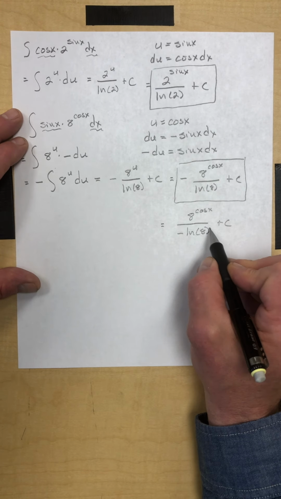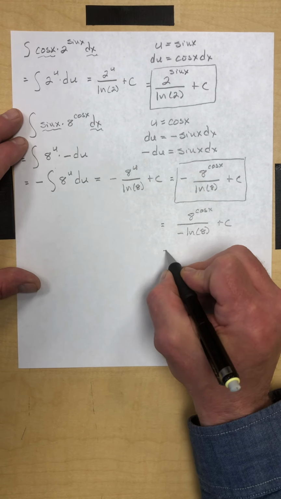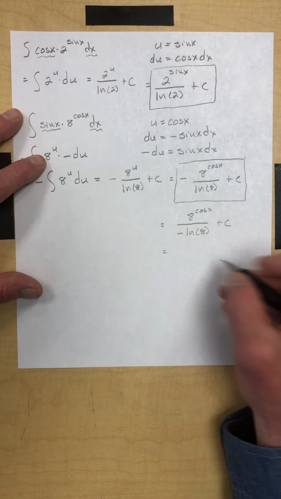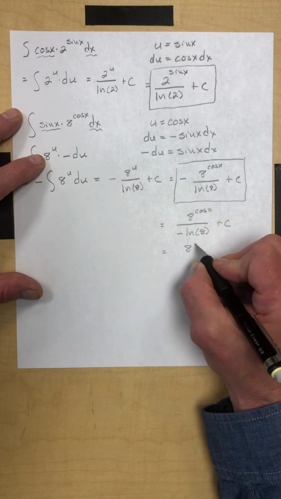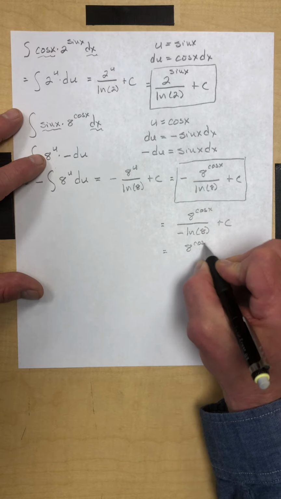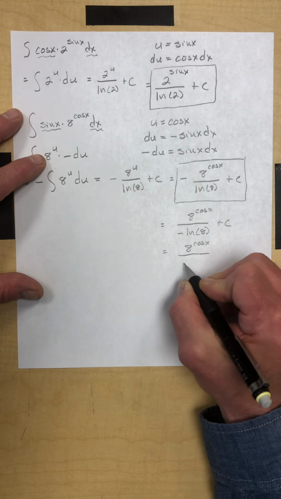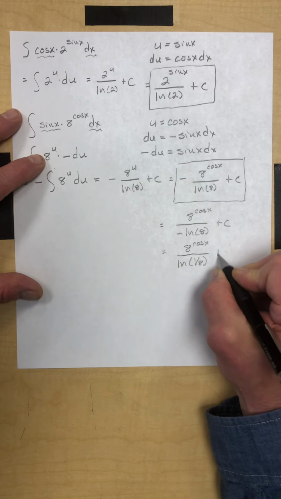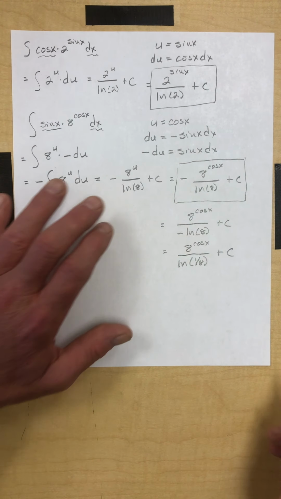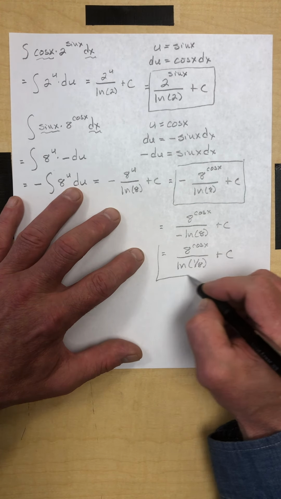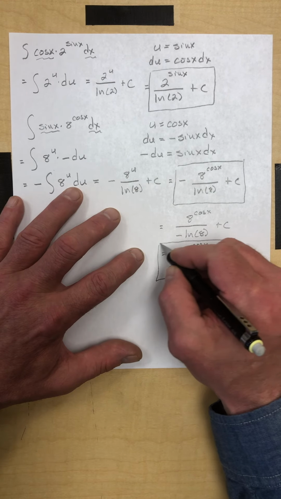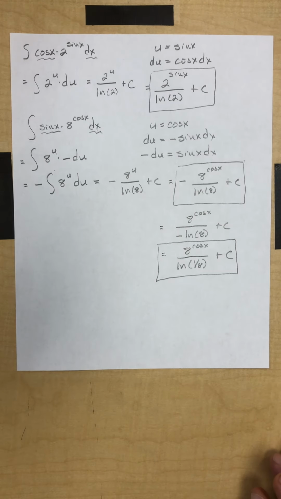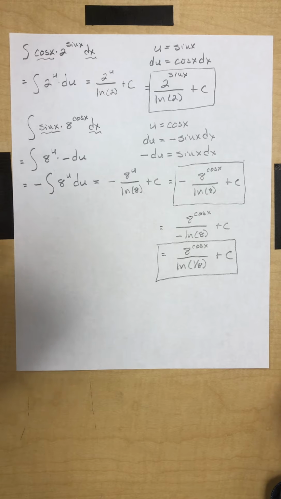Okay, so I bring that back, it's going to be 8 to the negative first. And 8 to the negative first is 1/8. So this would be 8 to the power of cosine of x all over natural log of 1/8 plus c. And I would say that is another form of the answer, which would be completely acceptable.